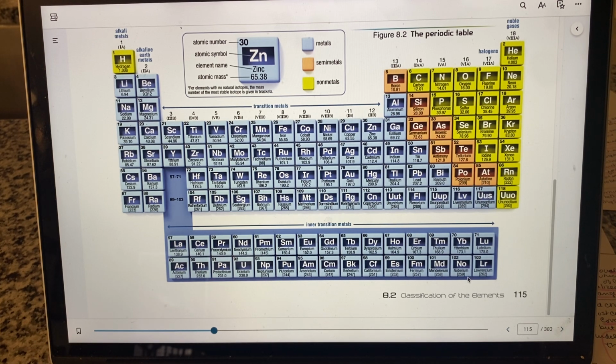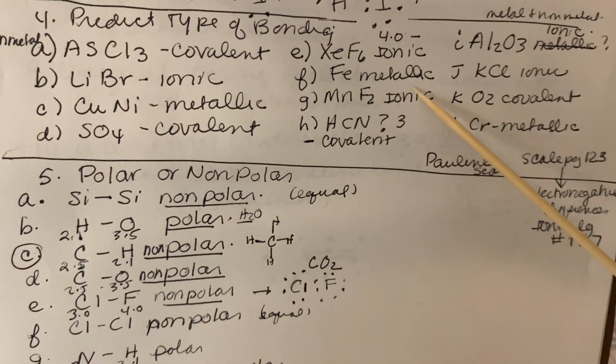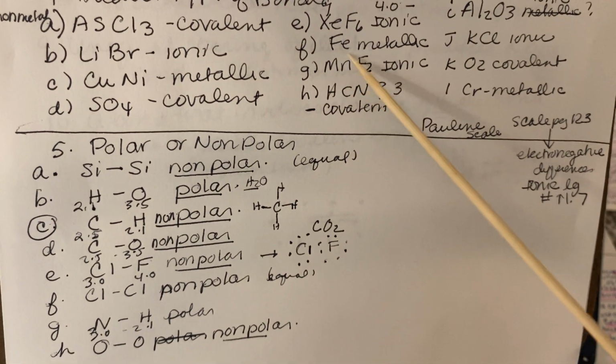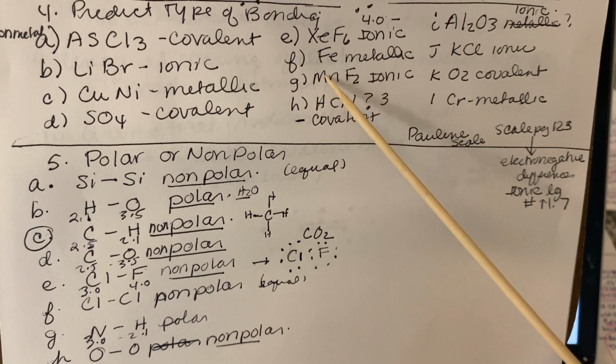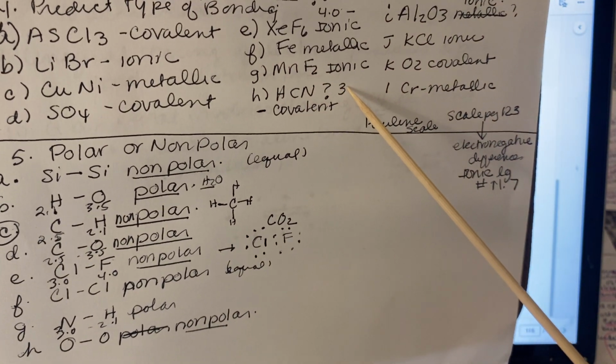And so then we have MnF2, and with that one, I went ahead and tried to figure it out with the Mn, and I put ionic because when you take it on that chart and you take the electronegativity of one minus the other, it was above 1.7, so mostly ionic.